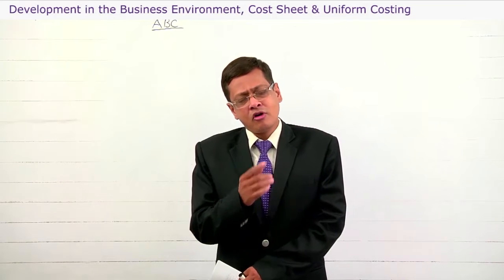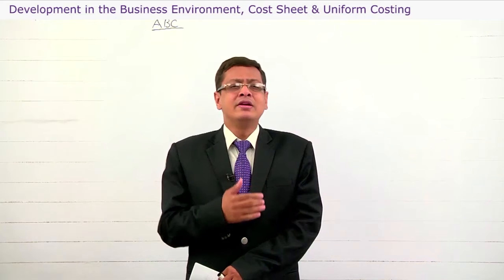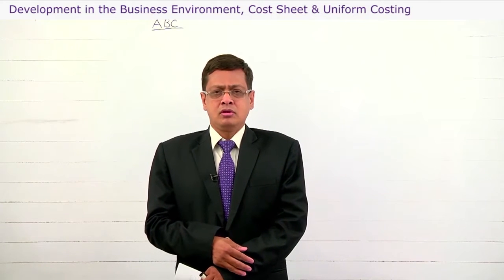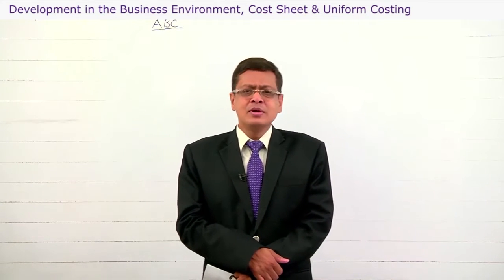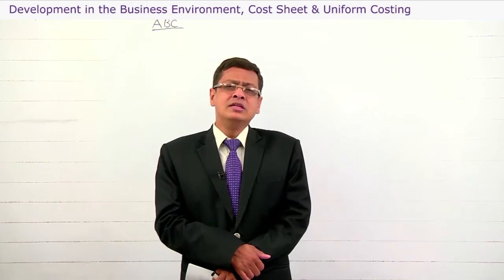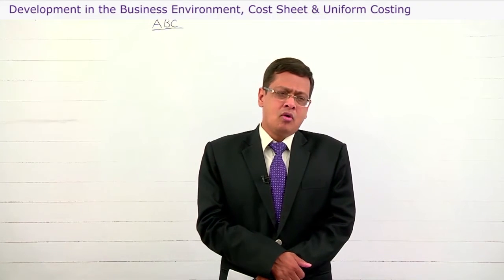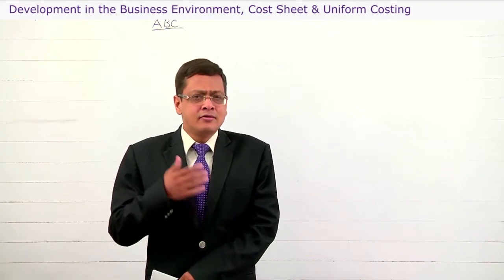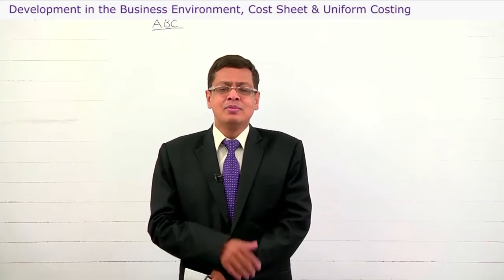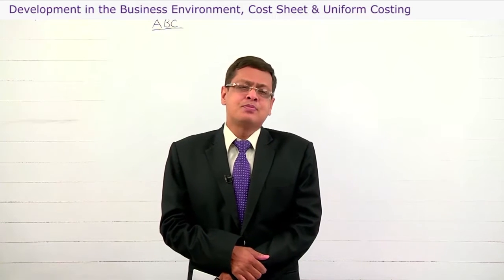So the focus was to reduce price and give more qualitative product. So in that scenario, the management of the companies started thinking how to work on each process in terms of activity. So what was the normal costing? It evolved as activity based costing. So now the management was more thinking in terms of each process.